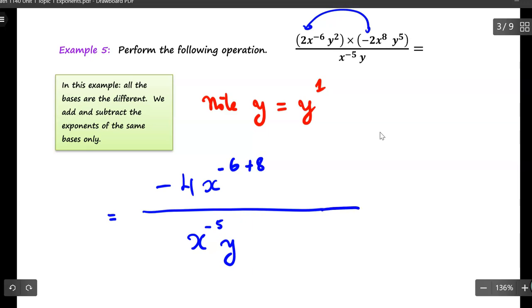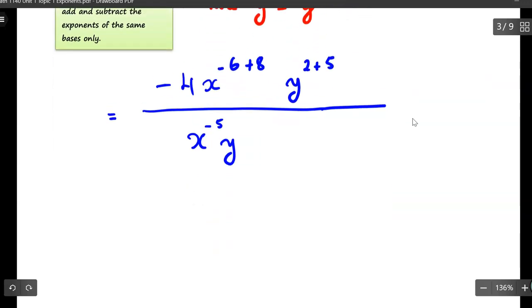Now continue with the next power: y to the exponent 2 and y to the exponent 5. Because they are the same base, I will write y, just one base, and I will take 2 plus 5. So -4, let me give myself some more space.